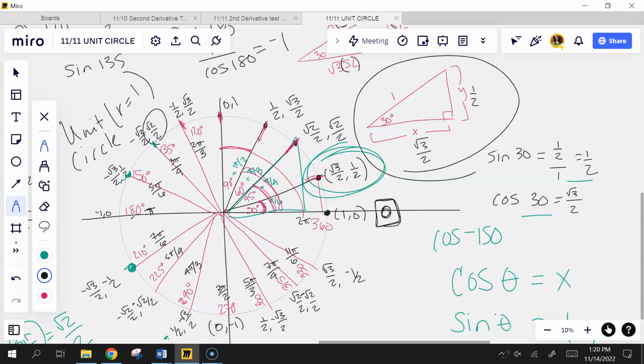Let's go to 30 degrees, which is the same thing as pi over 6. By the way, after your homework tonight, most things will be in radians and not degrees anymore. We start transitioning. Okay, if I do y divided by x, right? So I've got 1/2 divided by square root of 3 over 2.